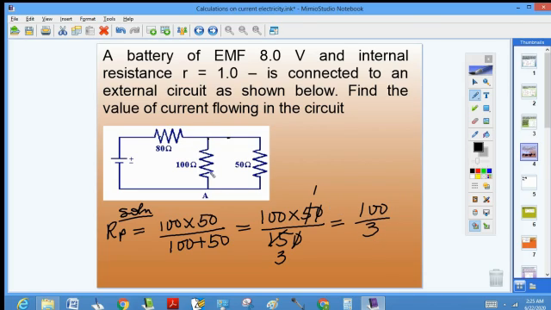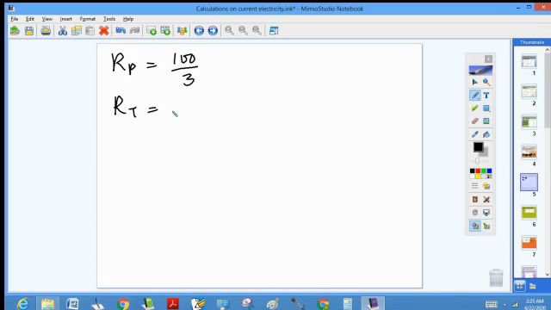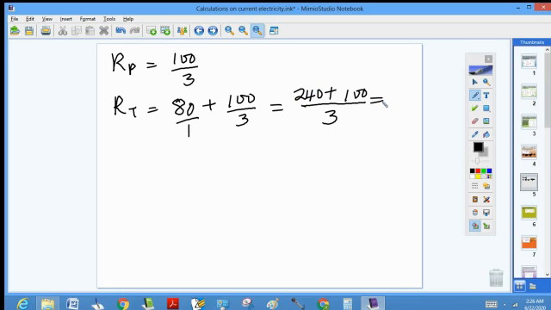So this and what is coming out from here will now be in series, and that will be 80 plus 100 over 3. 3 into 3 gives 1, times 100 gives 100. 3 into 1 gives 3, times 80 gives 240, which gives us 340 over 3.